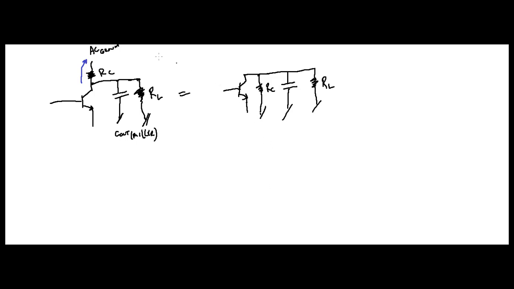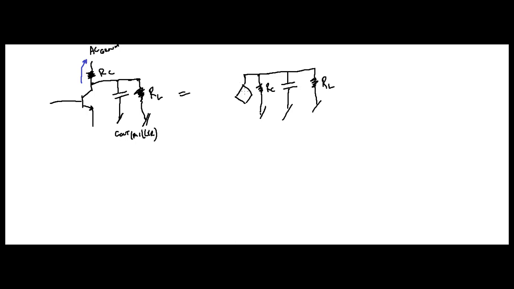Now, let's do something right here. This transistor really can be thought of as a current source, can't it? So we can simply draw this, it's just a current source, right?